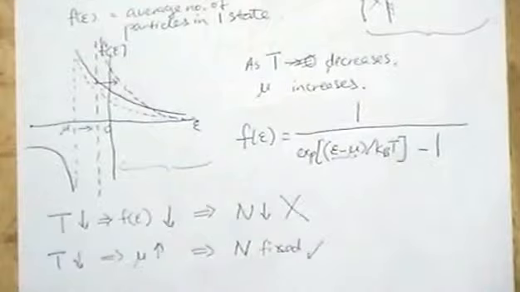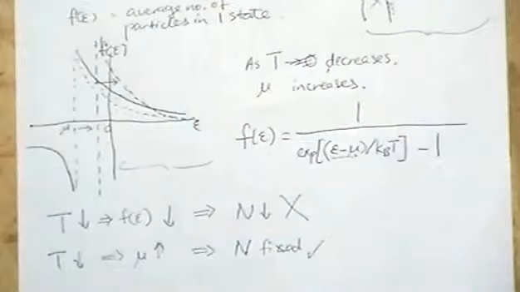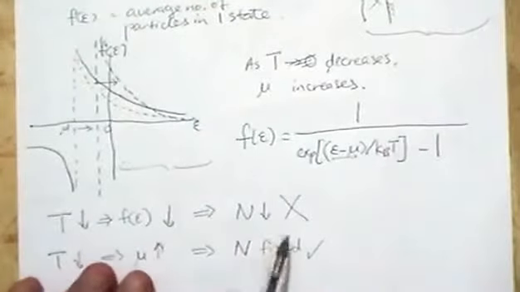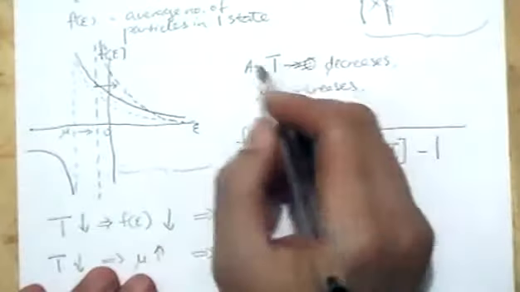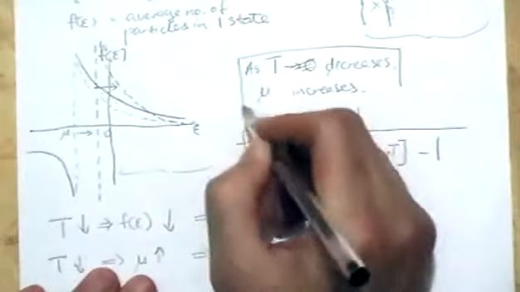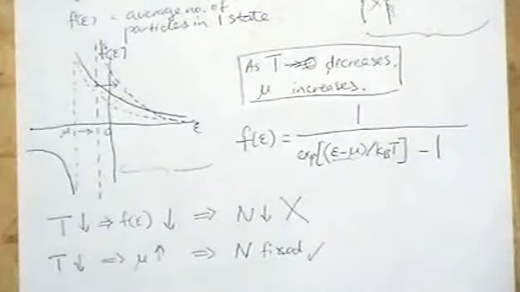And this is correct. This is what happens. So now we have demonstrated this property that as T decreases, mu increases.